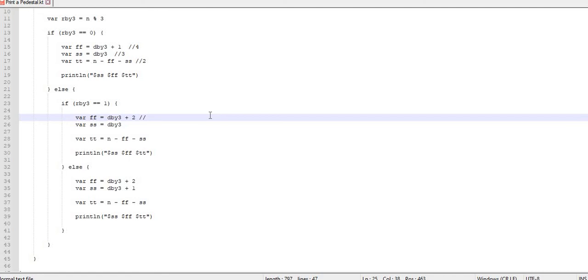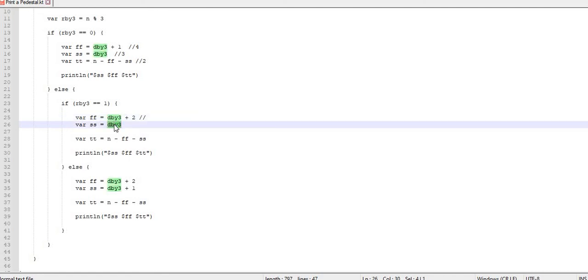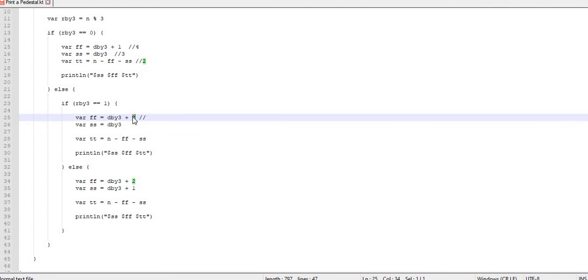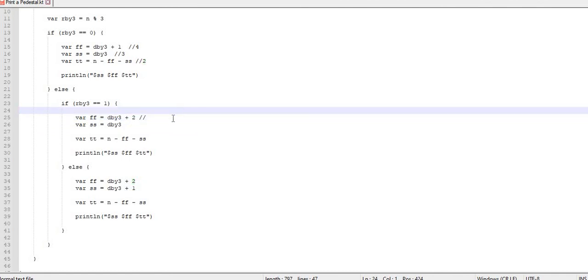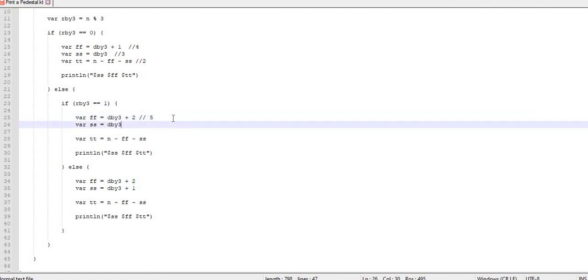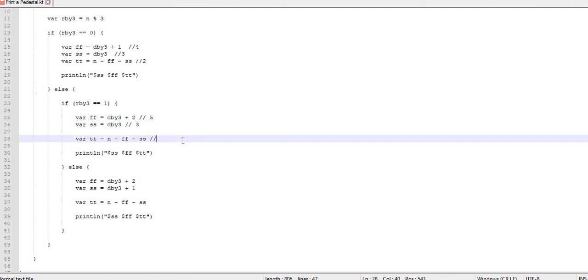To the first length you will add 2 extra, because here the remainder is 1, and you cannot add it to the second length, because again it would be of the same length. So instead of adding it to the second length, you have to add the double value into the first length. So this would become 5 in this case, the second would remain 3 as it is, and finally this would be the residue, that is 2.